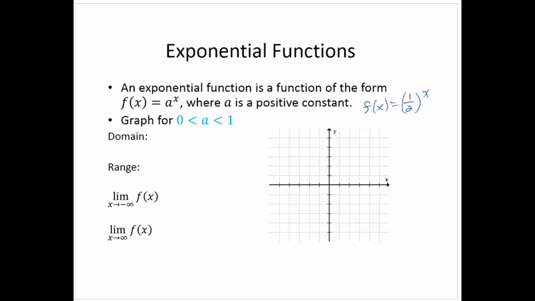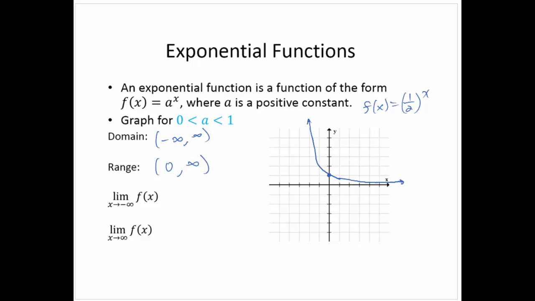It has a vertical intercept at 1, and we get a graph that does something like this. So recall that the domain would be -infinity to infinity. The range is 0 to infinity.